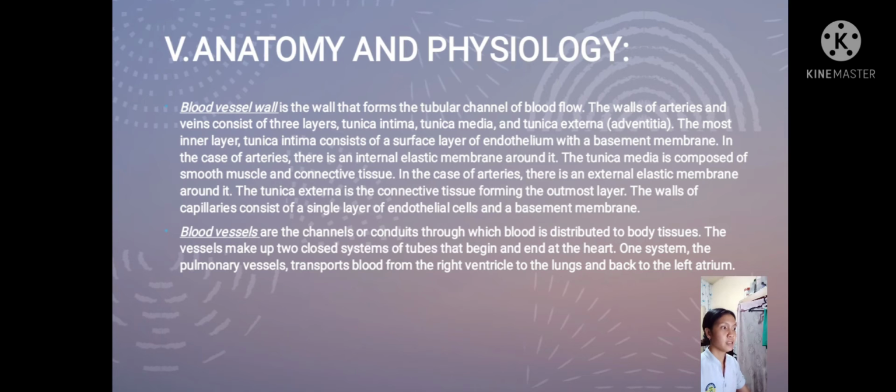In the case of arteries, there is an internal elastic membrane around it. The tunica media is composed of smooth muscle and connective tissue. The tunica externa is the connective tissue forming the outermost layer.